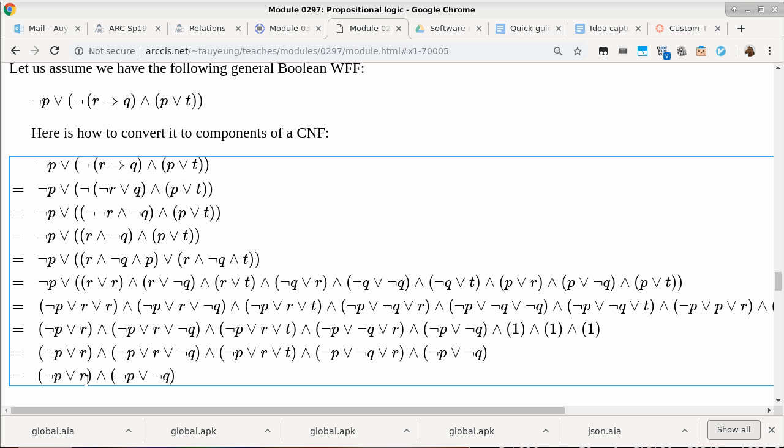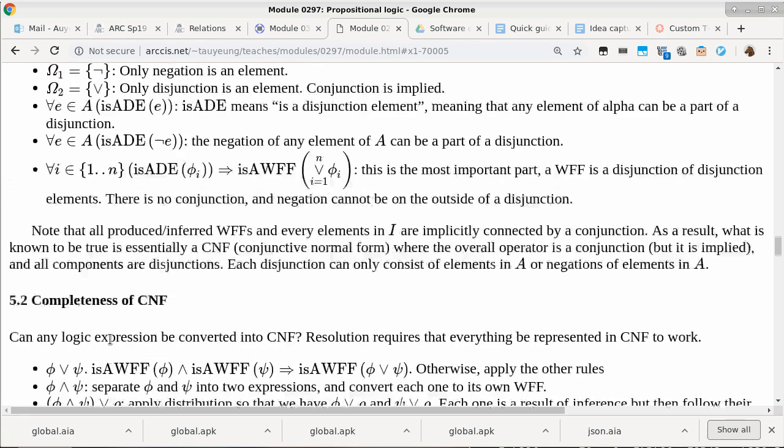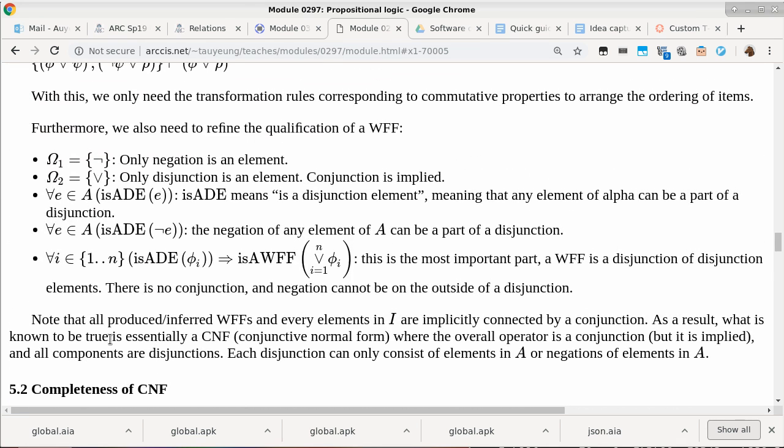CNF is conjunctive normal form. So conjunctive normal form is discussed up here. Okay. So in the new propositional logic system, we only have one negation operator and a disjunction as the only operator.